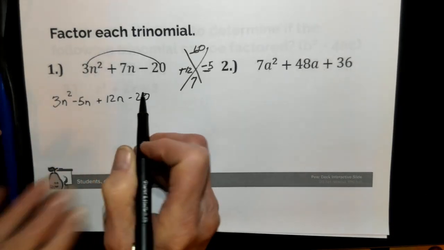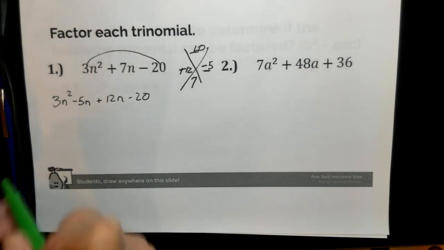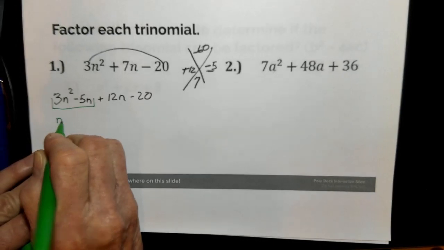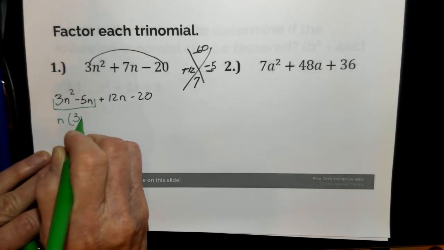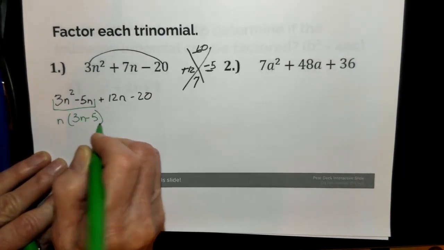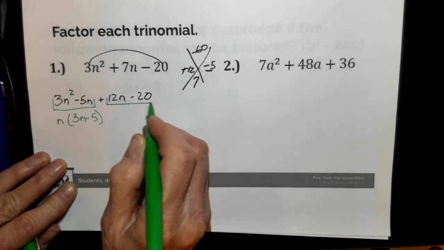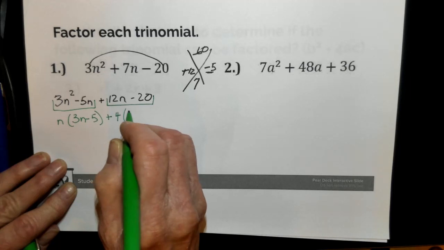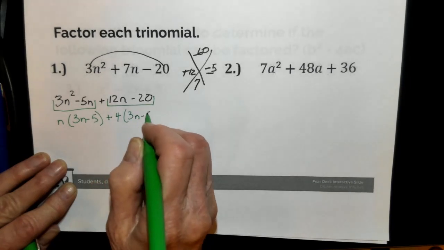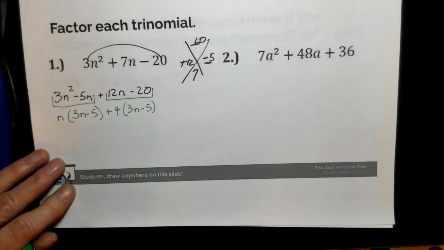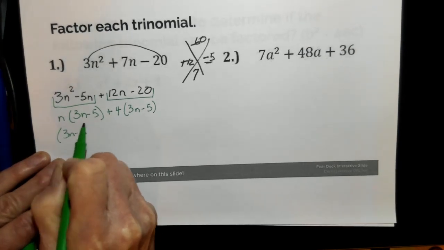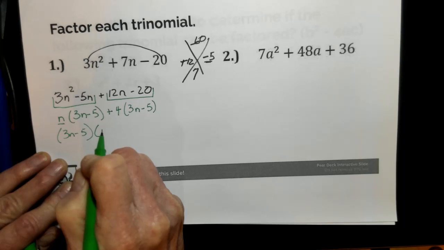Minus 20. And then, oh, we got 4 terms. We put the first 2 together, find the greatest common factor of n. And then we look at the second 2 and find the greatest common factor of 4. I love when these work out. Now, we take out the 3n minus 5, and I'm left with n plus 4.